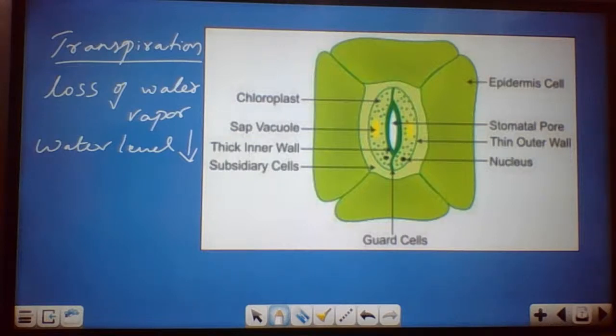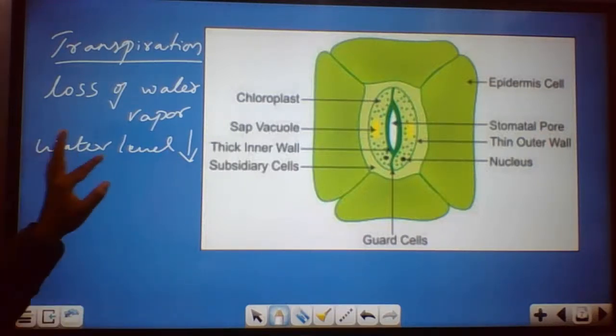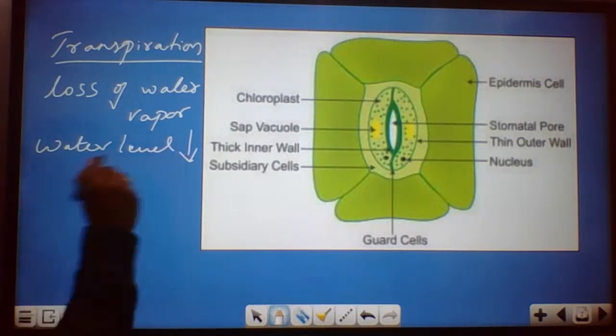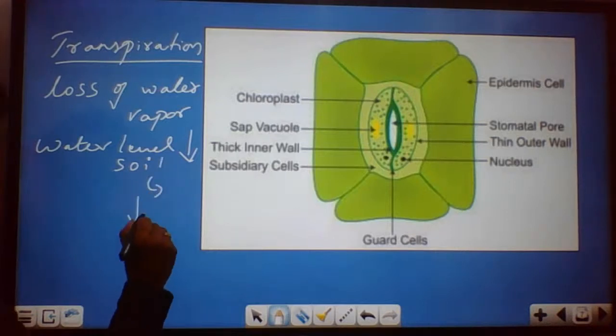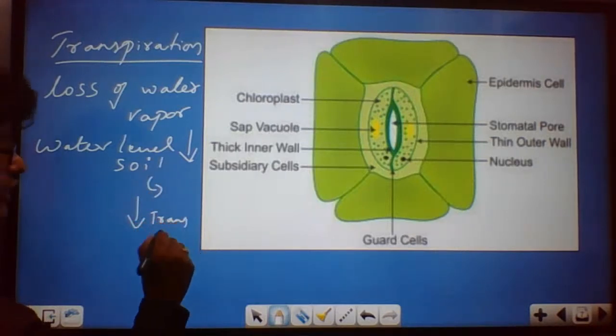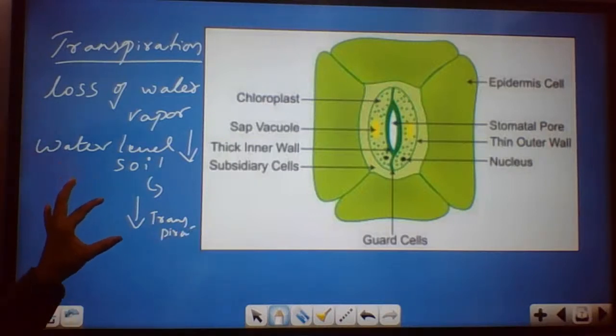Okay, fine. So if the water level in soil is reduced, then it leads to the reduction in transpiration also. So it depends upon the water level in the soil.